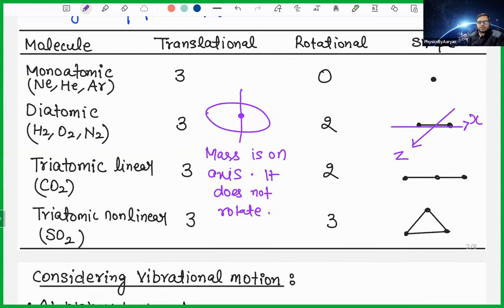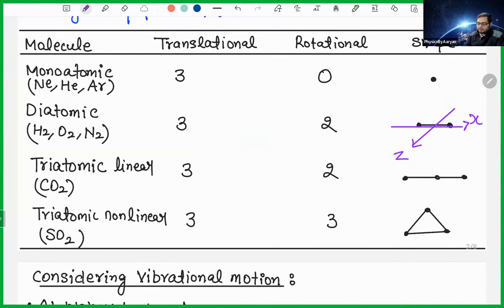Now let's talk about the triatomic linear molecule. One example is CO2. This is your CO2 example. There are two bonds only.